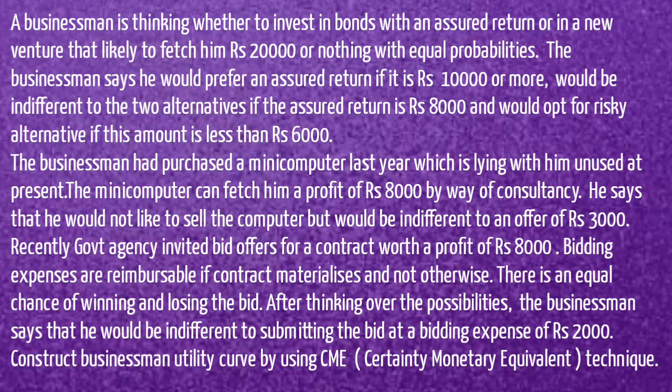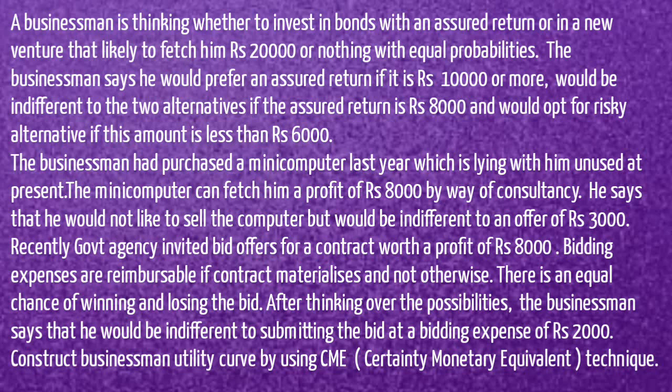The businessman had purchased a minicomputer last year, which is lying with him unused at present. The minicomputer can fetch him a profit of rupees 8,000 by way of consultancy. He says that he would not like to sell the computer but would be indifferent to an offer of rupees 3,000. Recently, a government agency invited bid offers for a contract worth a profit of rupees 8,000.